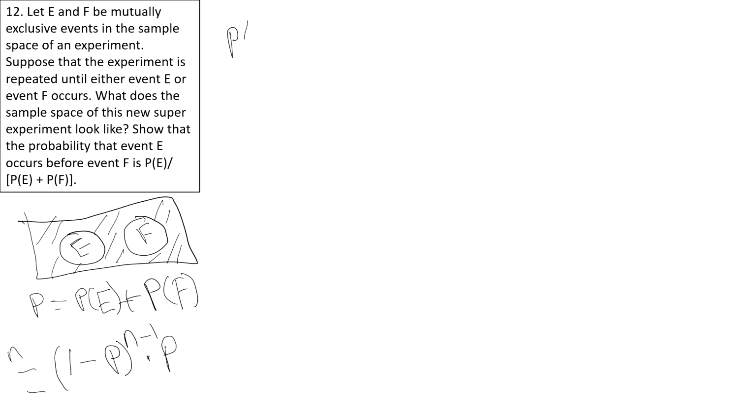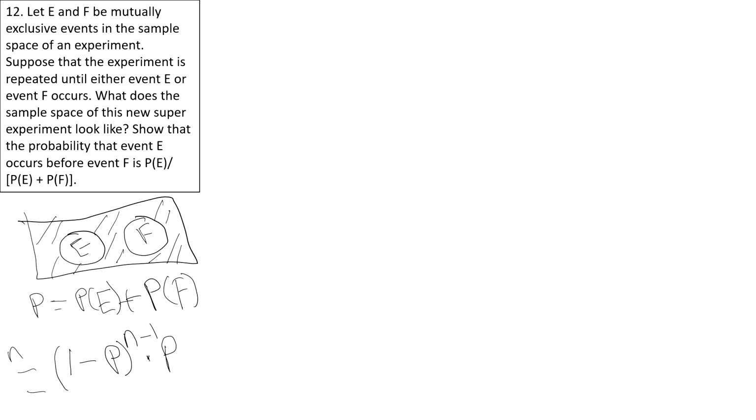It can look like this: p complement p, then p complement p complement p, and so on. There can be p complement 10 times and then there is p, like that. So let's not touch on that.